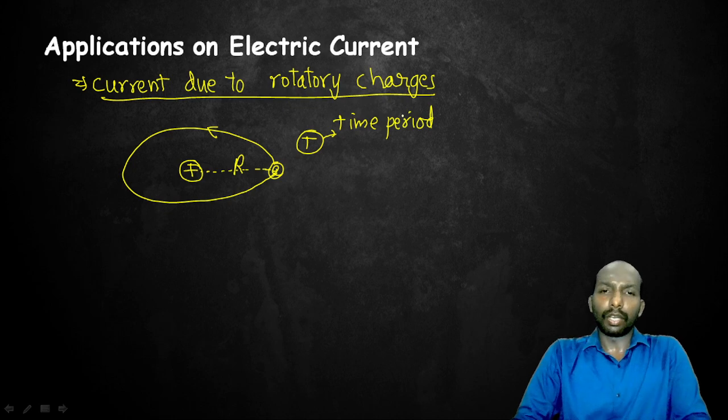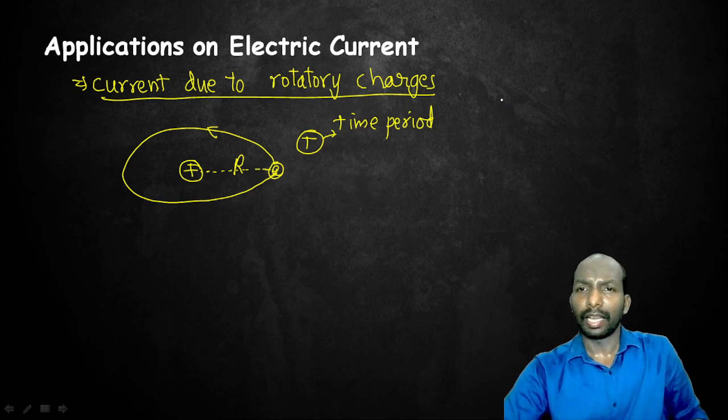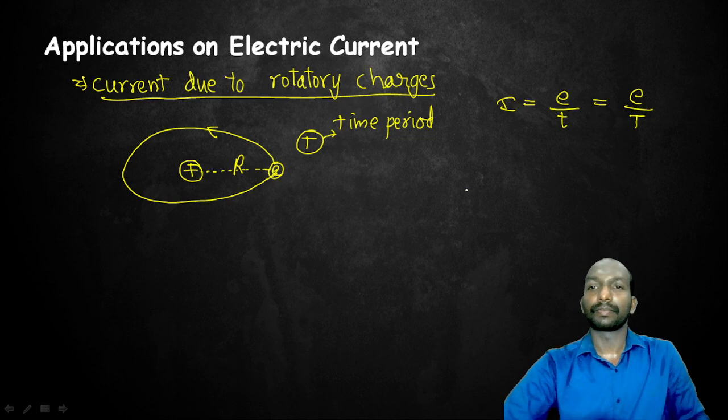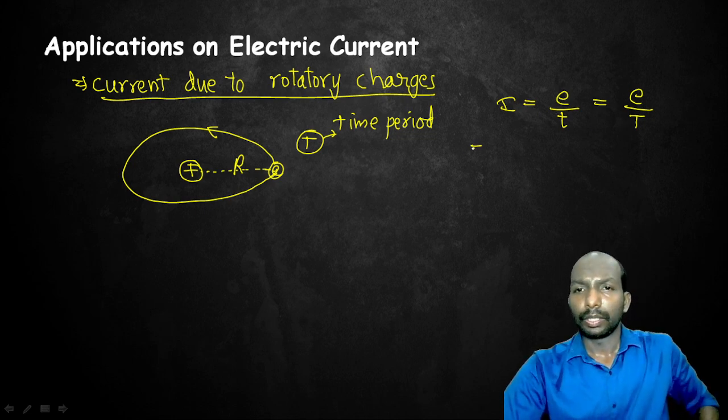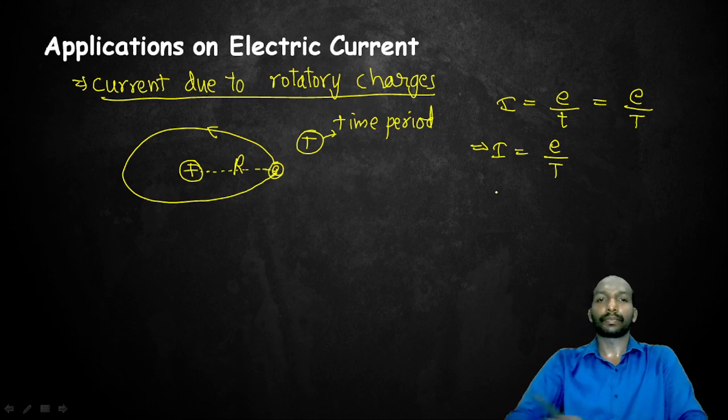Now I want to find the electric current. Electric current we know, I equals charge, here the electron charge e, by time taken T. But here I am taking time as capital T, so electric current equals e by capital T.